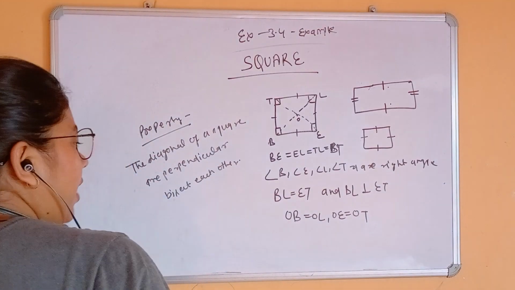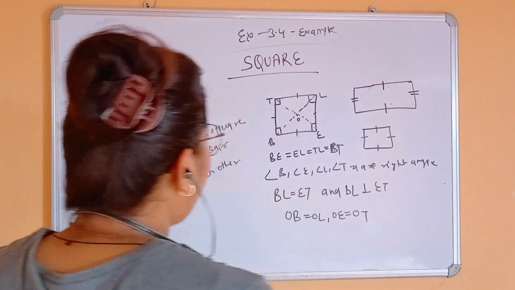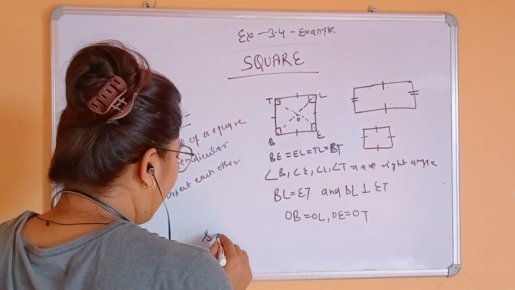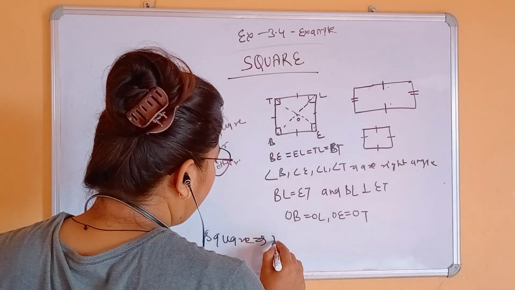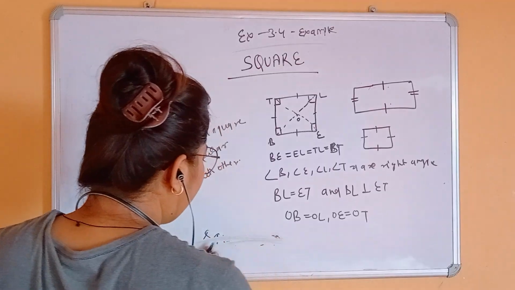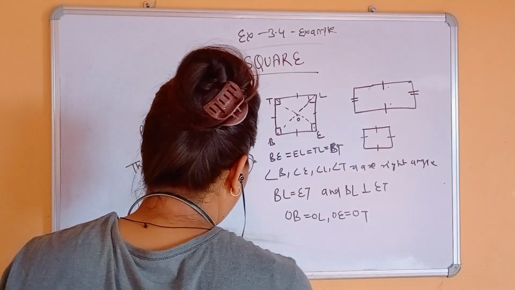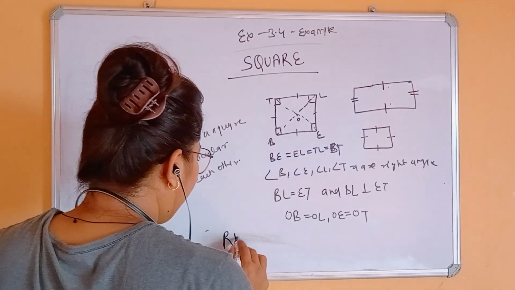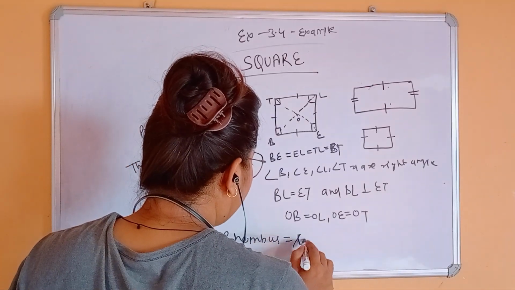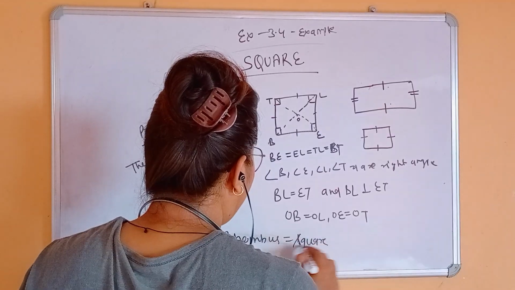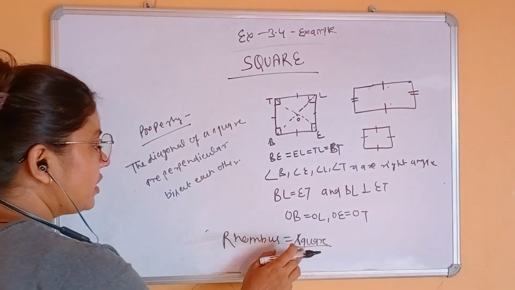Some extra points I want to discuss here. A square is the same as a rhombus, and you can also write it in reverse. But not every rhombus is a square.